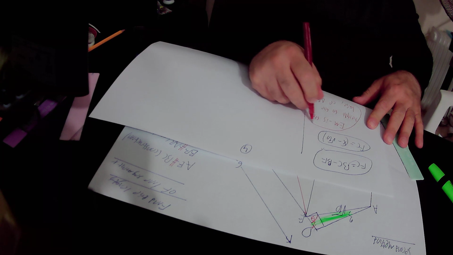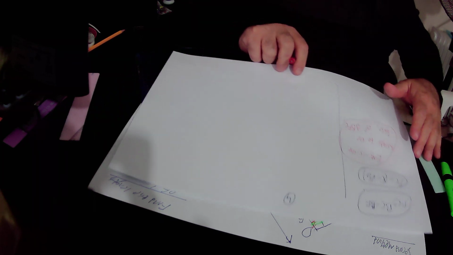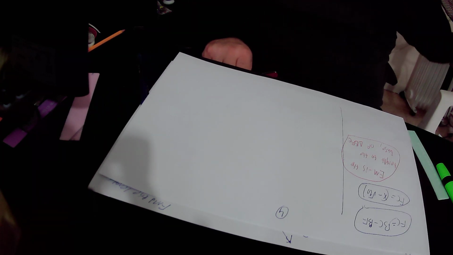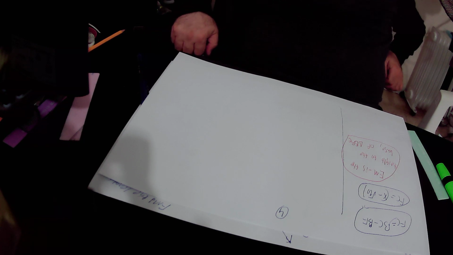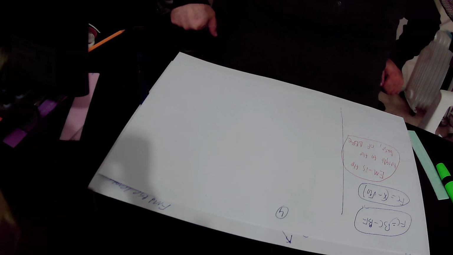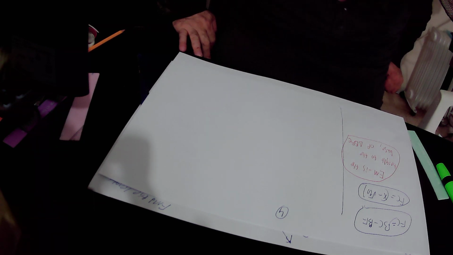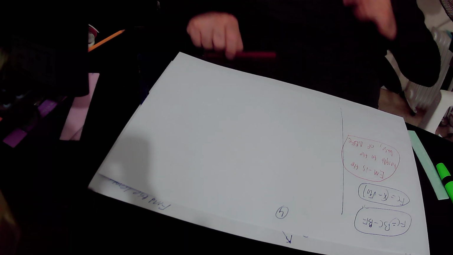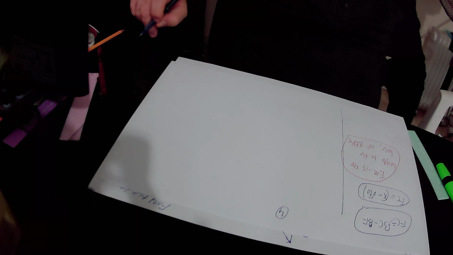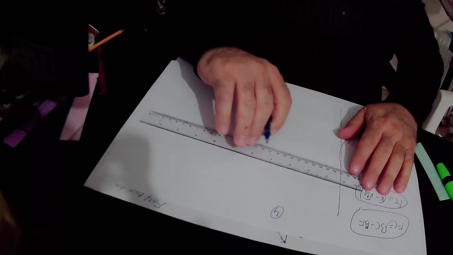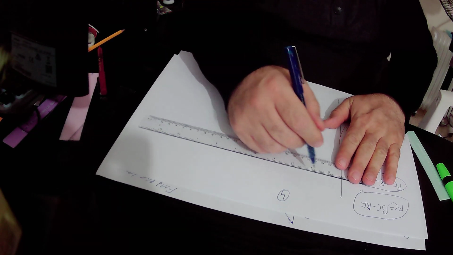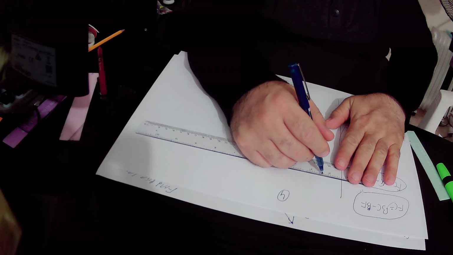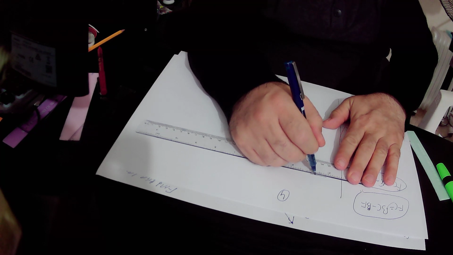So we have also rule number 5. According to rule number 5, the height to the base in an isosceles triangle bisects the base. I'll write it down.